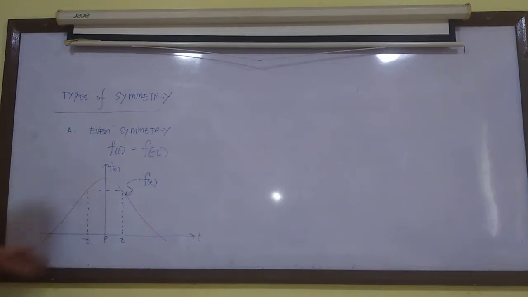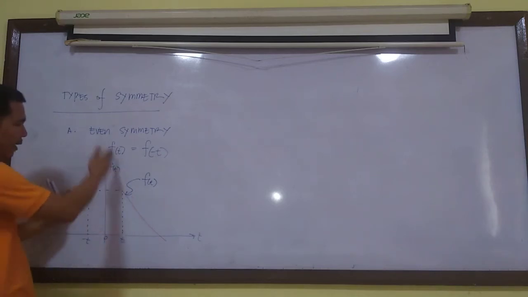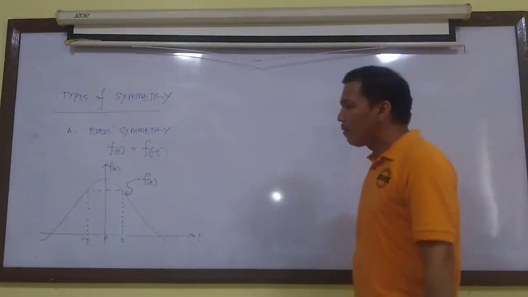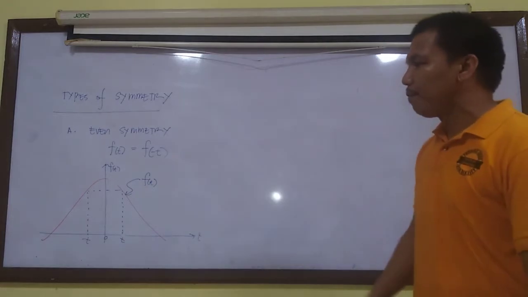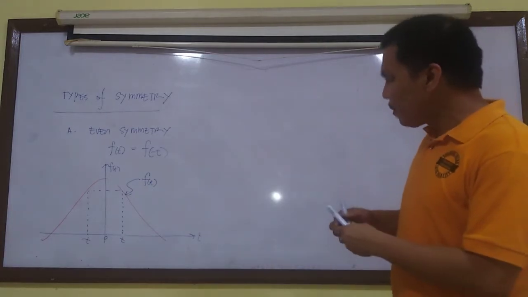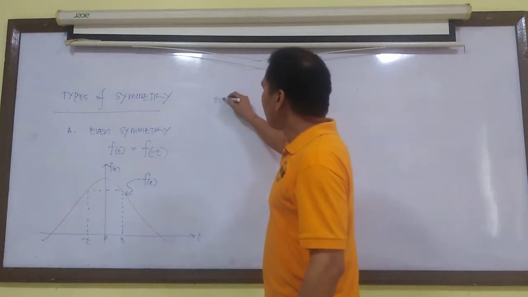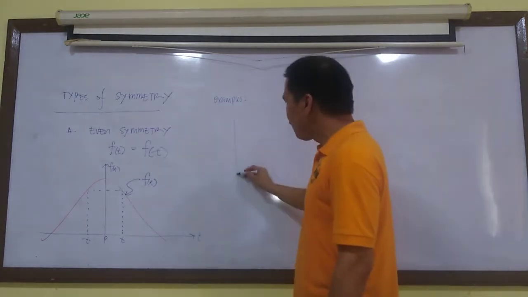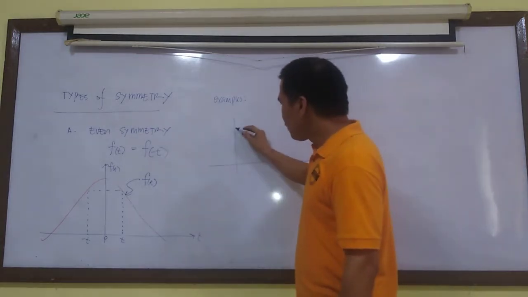In short, even symmetry is symmetric along the y-axis. Meaning you can cut the function and it is identical from left to right. That is your even symmetry. Examples of even symmetry: I have here the cosine function. So this is your cosine function.